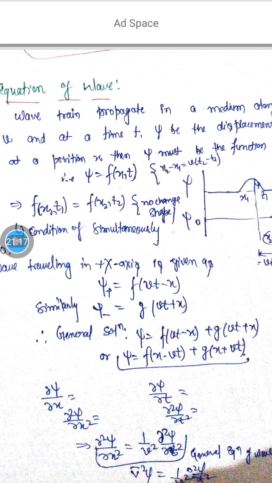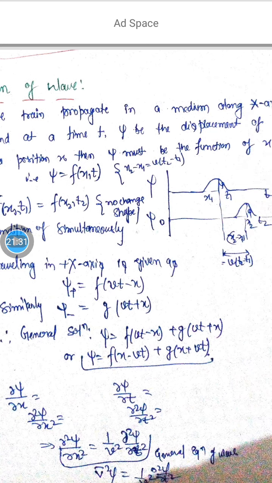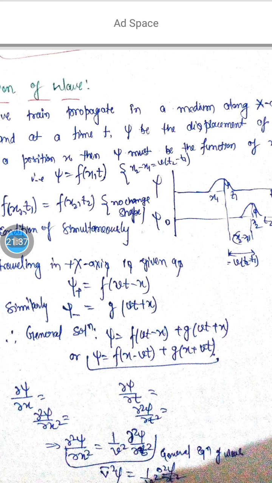We get the function in a positive x direction as f of x minus vt, and in a negative direction as x plus vt. So the general solution will be psi is equal to f of x minus vt plus g of x plus vt.